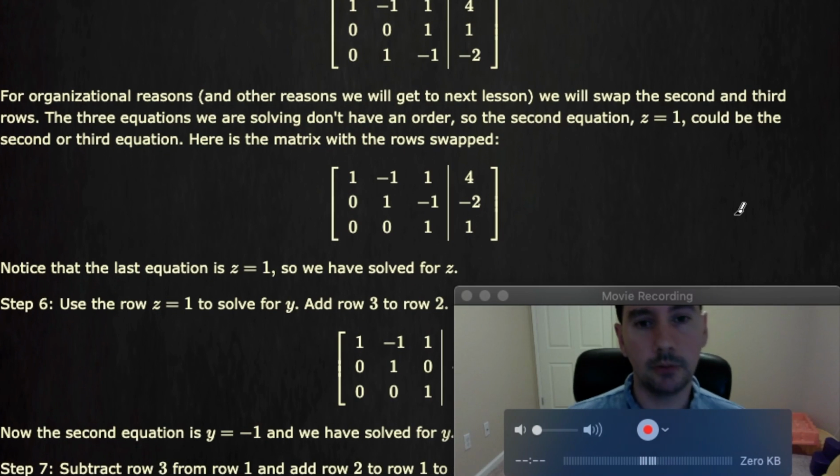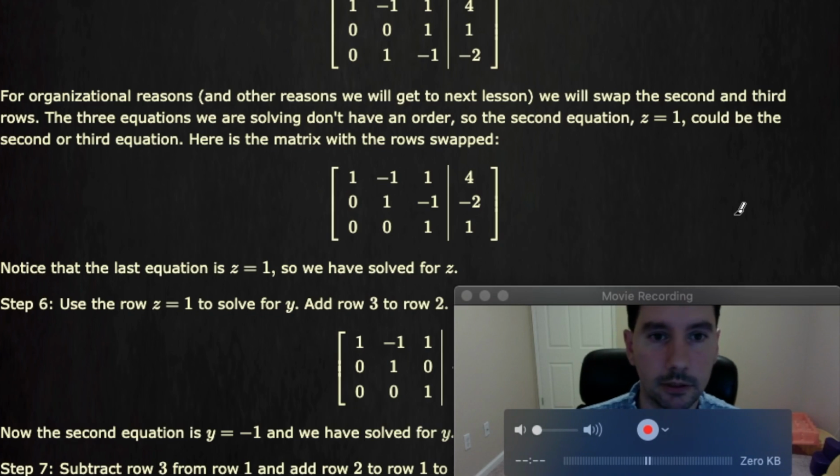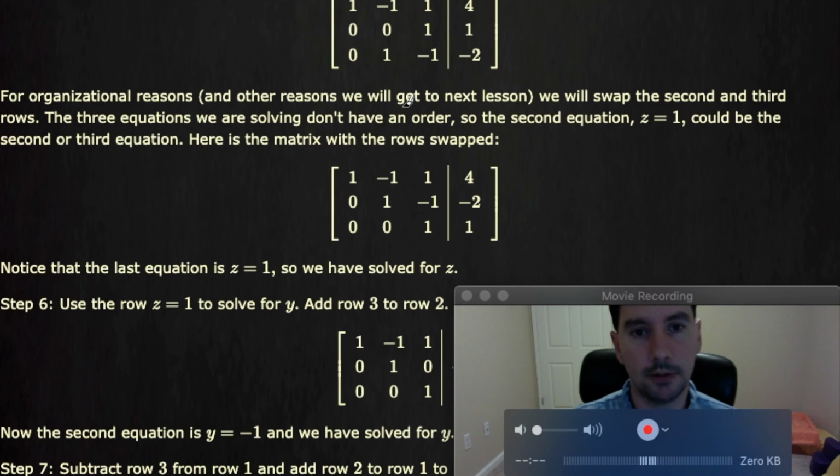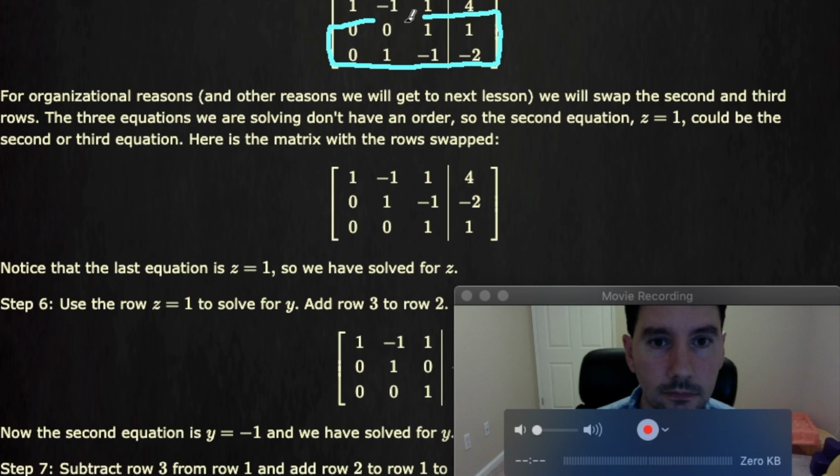One thing we did not do above, because it's almost so trivial when you're doing algebra you don't even think about it, is we reordered the equations. Well, now we're going to reorder the equations. We didn't do it above because we weren't really paying attention to the order. But here we have a very clear order, right? This is row 1, this is row 2, this is row 3. And for purposes that will make more sense even in the next lesson, or for now you can think of as organizational purposes, we're going to swap these two rows.